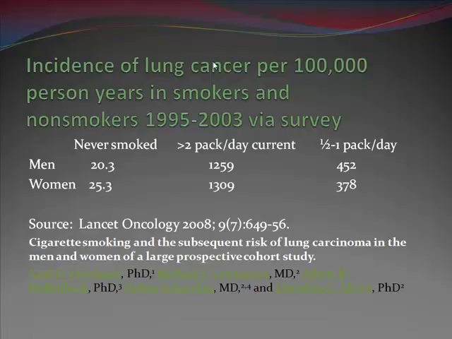Their incidence rate for lung cancer was 12.59 per 100,000. I would say smoking more than 2 packs of cigarettes a day clearly puts you at high risk for developing lung cancer. And if we also control for moderate smokers, 1/2 to 1 pack per day, we still have an incidence rate of 452 compared to 20.3. And of course you have similar results in the females. That's pretty powerful data.